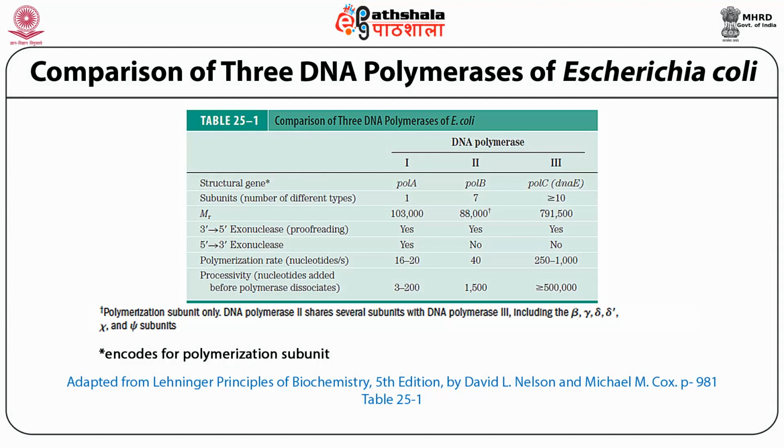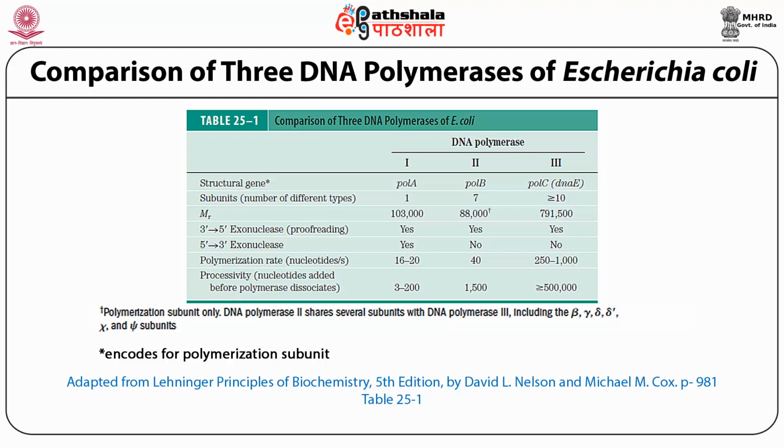This table shows the comparison of three DNA polymerases of E. coli. As you see, DNA polymerase I has 3' to 5' exonuclease or proofreading activity, as well as 5' to 3' exonuclease activity. While if we look at DNA polymerase II, it just has 3' to 5' exonuclease activity, but no 5' to 3' exonuclease activity.